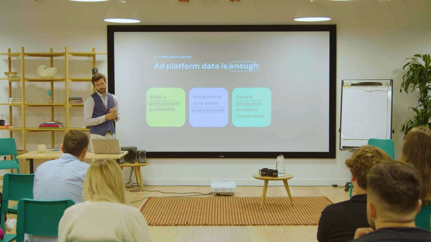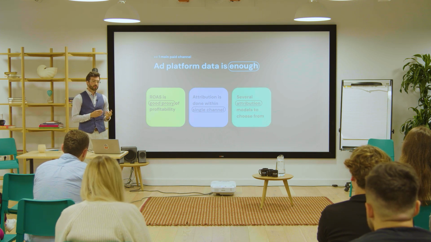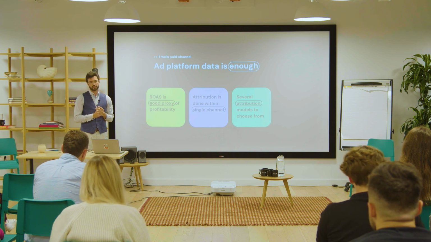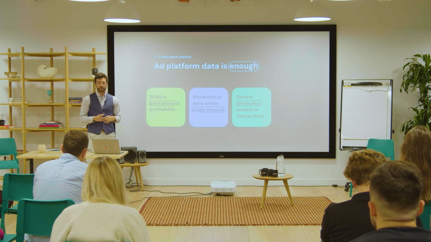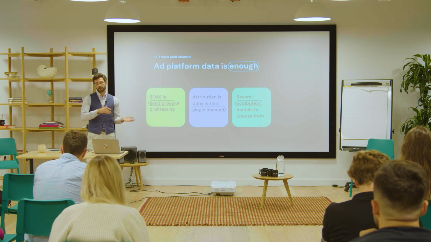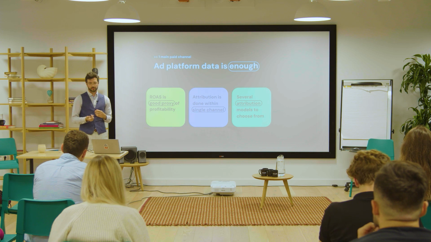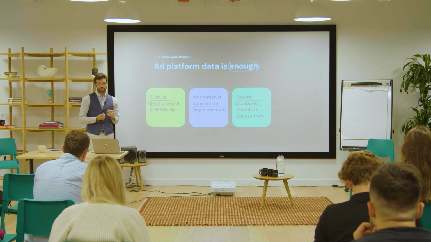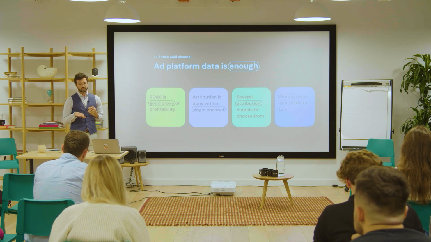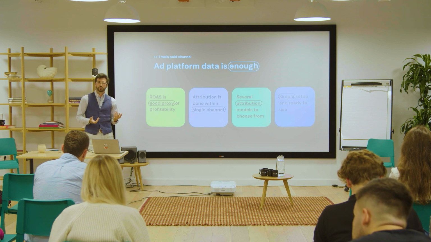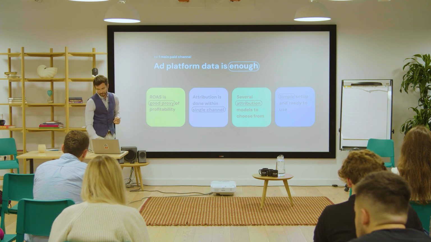The third one is that platforms usually have several attribution models to choose from, so you can have different points of view and check if the campaigns you are running are at the beginning of the conversion path, or maybe at the end, and that gives you a little bit of understanding of how your customers are interacting with your ads. And the fourth one, I think the most important one: it's simple, it's ready to use, you can use it out of the box.